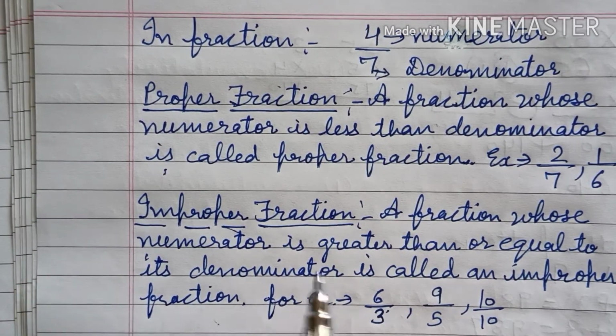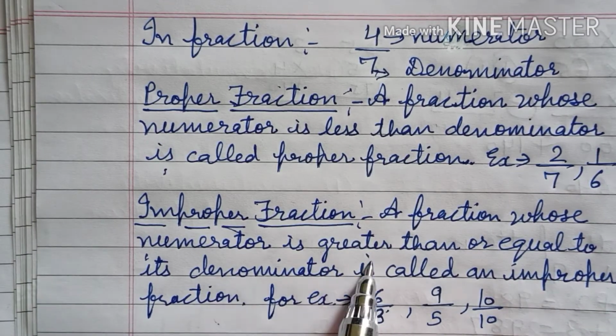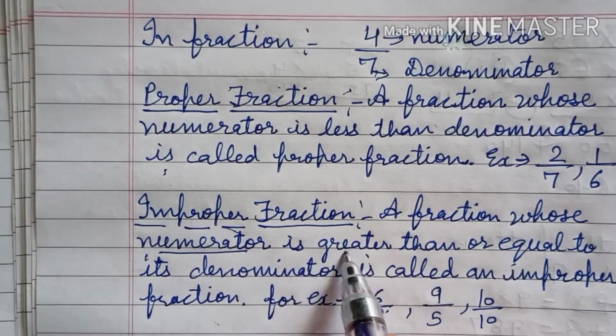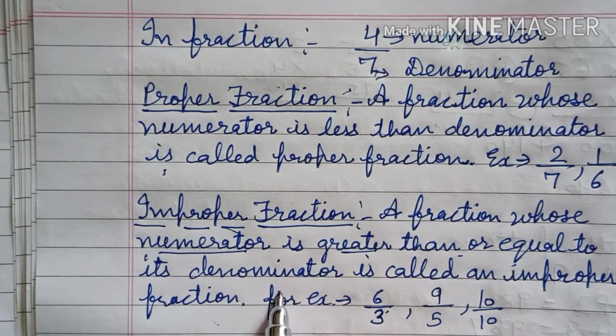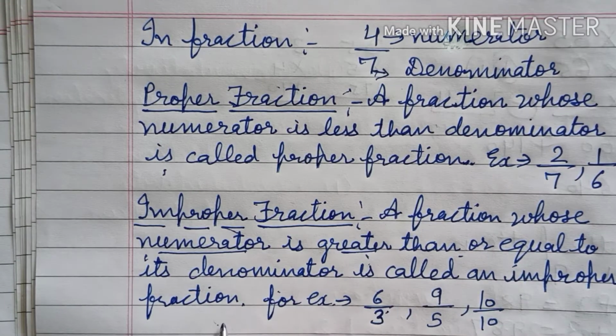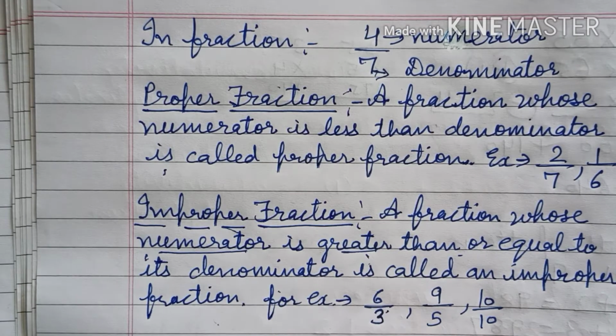Second is the improper fraction. A fraction whose numerator is greater than or equal to its denominator is called an improper fraction. For example, 6/3: the numerator is greater than the denominator.